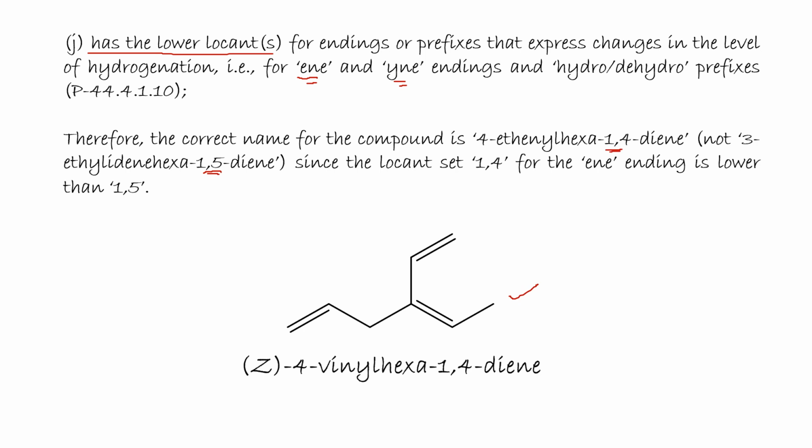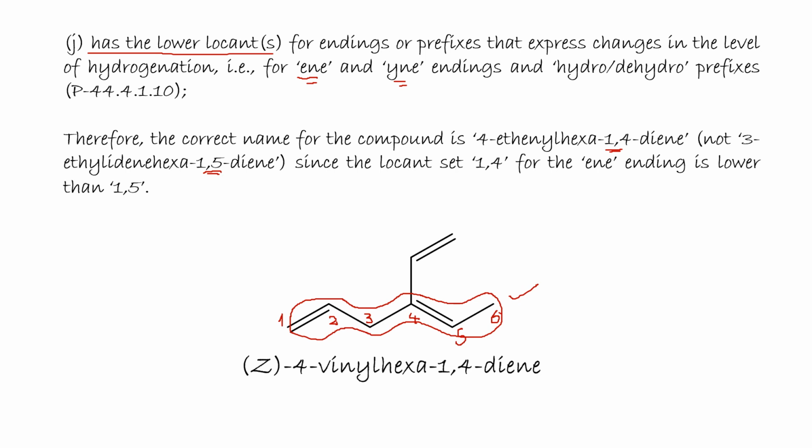See, we can select this chain, and this will be carbon 1, 2, 3, 4, 5, 6. Right? And the name in here will be 4-vinyl or ethynyl hexa-1,4-diene.